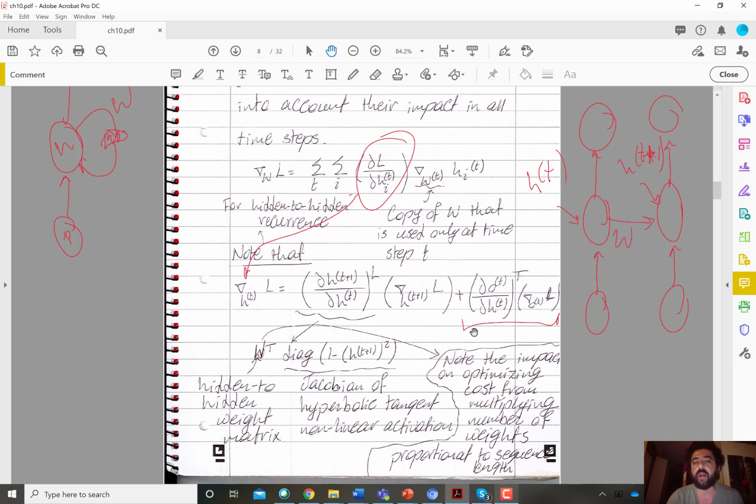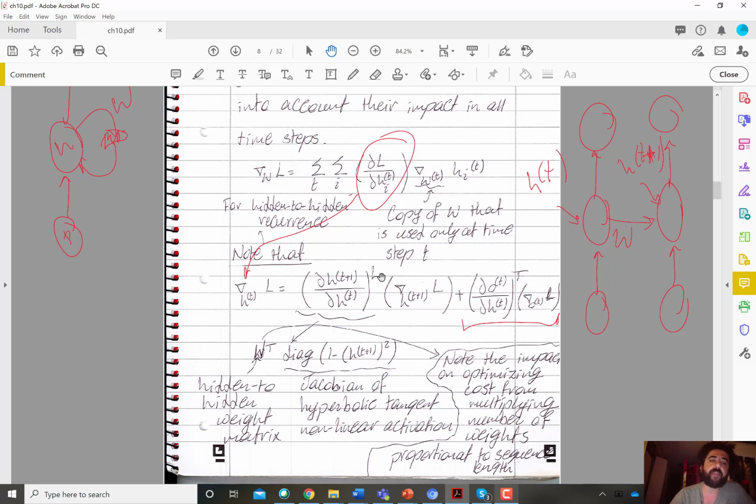So basically you have the Jacobian of O of t as a vector with respect to h of t as a vector, times the gradient of the loss as a scalar with respect to O of t as a vector, right? So that gives the path of the gradient of the loss with respect to h of t that's coming backwards here through O of t, right?